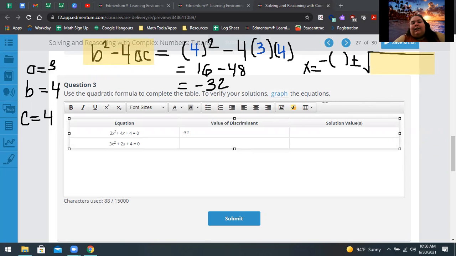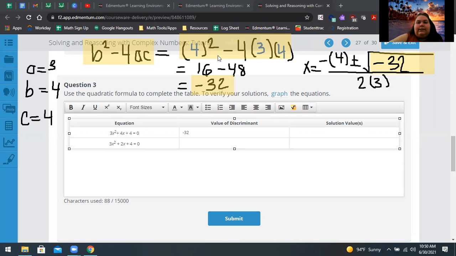Because we already know the value of our discriminant, we already did a step for ourselves and don't need to write it all out. It's negative 32, so I'll save a little time and just enter negative 32, all over 2 times A. So I only need to plug in B, which is 4, and my A, which is 3.